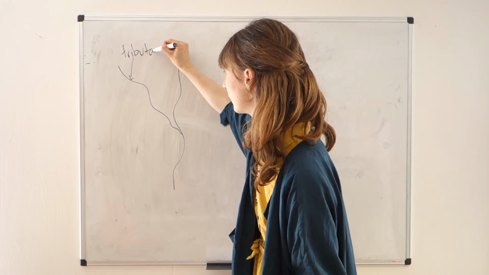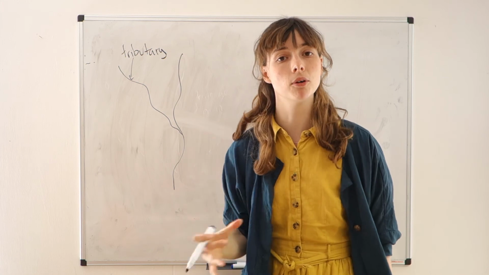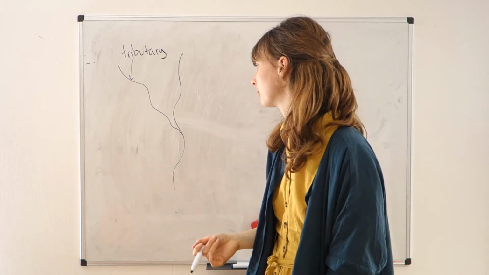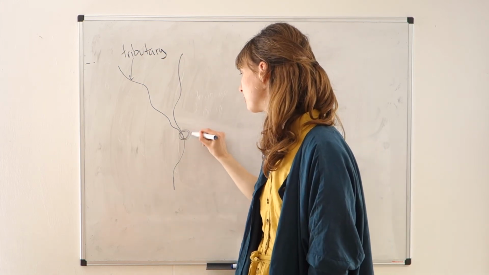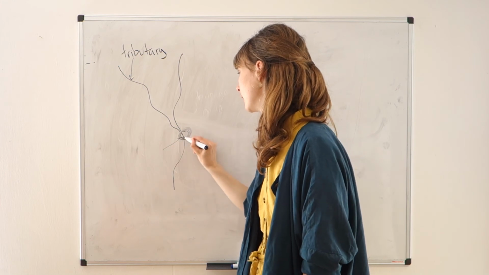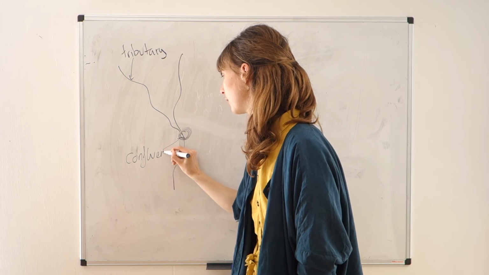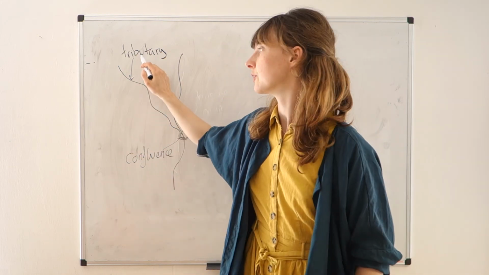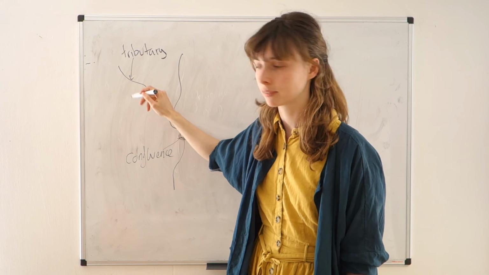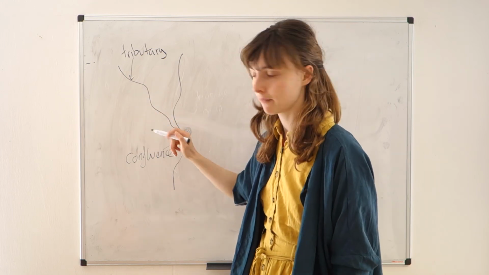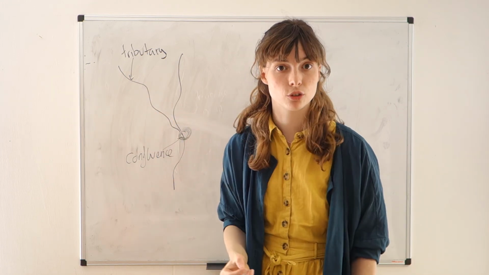A tributary is a smaller river that flows into a larger river. Where those two rivers join is called a confluence. So the tributary is the name of the small river that joins onto a larger river, and the confluence is just where two rivers join.